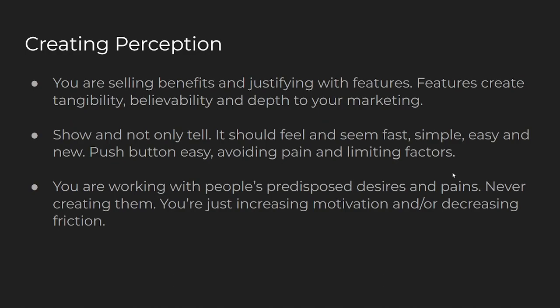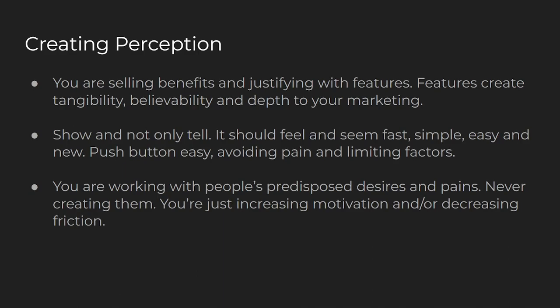The next thing is creating perception. Some tips for this: we're always selling benefits, or the perceived solution to their pains, and we justify those benefits with features. Oftentimes, people will just sell the features, without even mentioning the benefits or the wants, and how the features tie into these things.